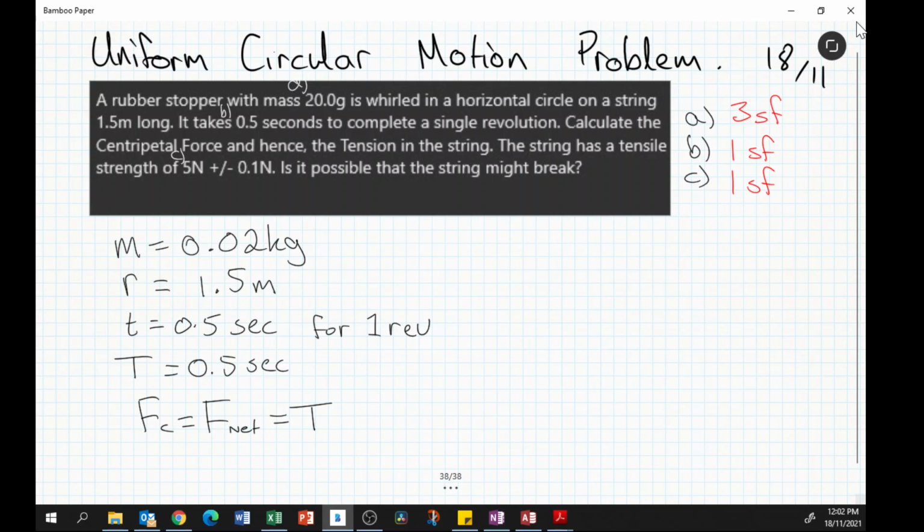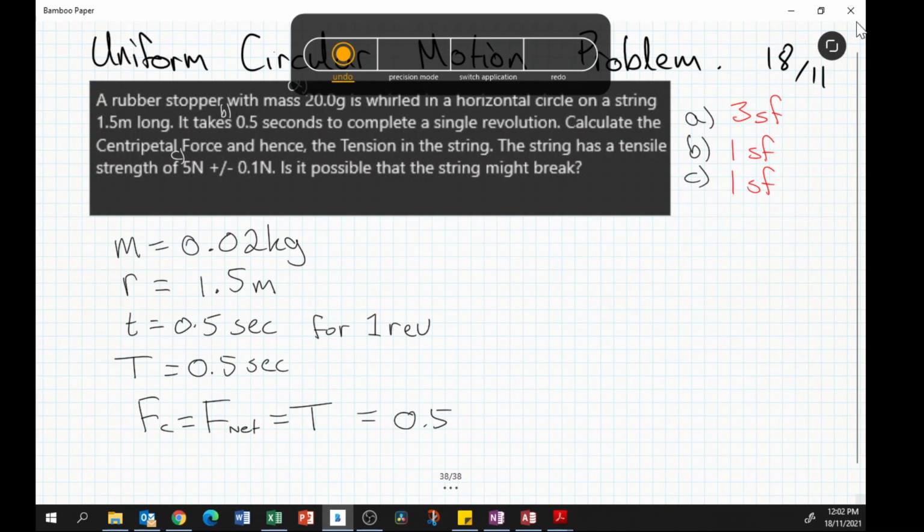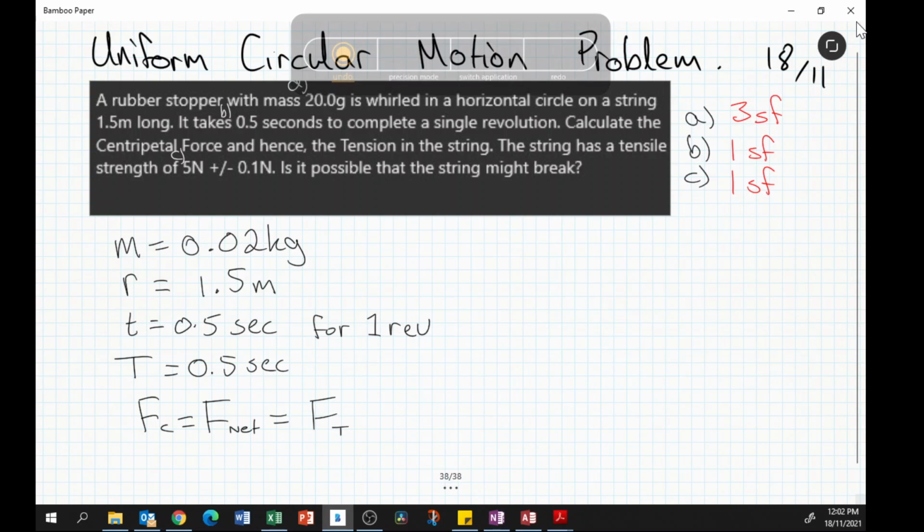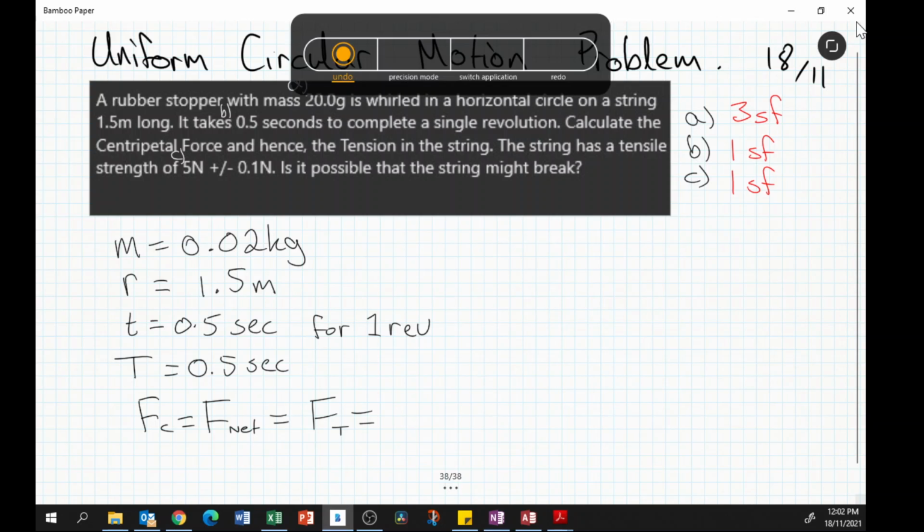My net force is tension. It's clearly 0.5 seconds. Did you know that? Look, I said it here, T is 0.5. Careful with your notation. What should I use instead? Ft, not just a big old T. We already used that. Ft. Not 0.5 seconds. What does this equal?